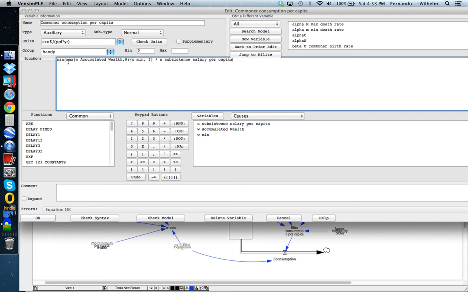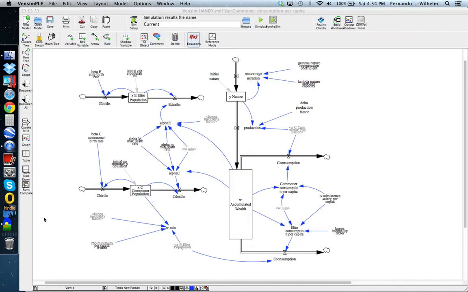And you will notice that we introduced here a little max just to make sure that you don't get negative wealths in the system, and if you do, you sort of ignore them, and then multiply by the subsistence salary per capita. And if you look at the elite consumption per capita, it's fairly similar to that.